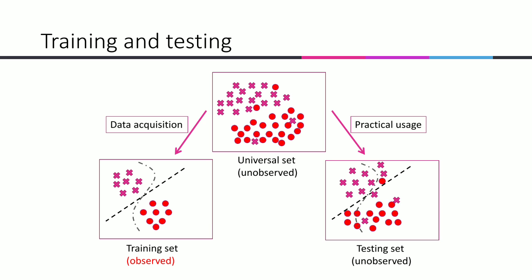You can see we have the universal set of the data. That is the data acquisition, then training is performed on it, and once the training is performed, we can say that one class of the data is separated from the other class of the data.